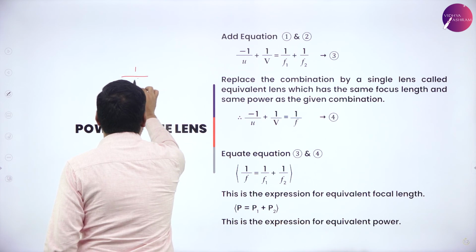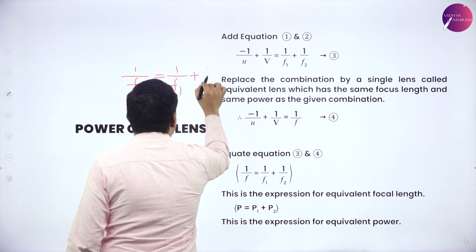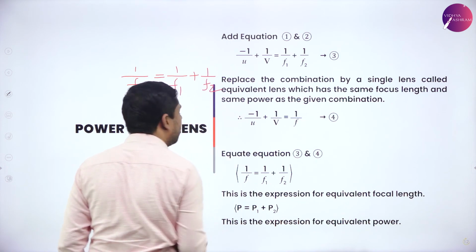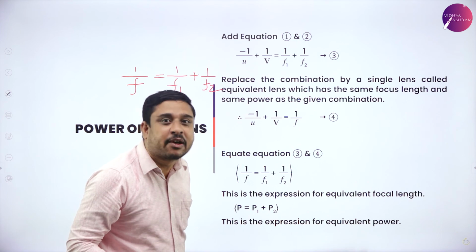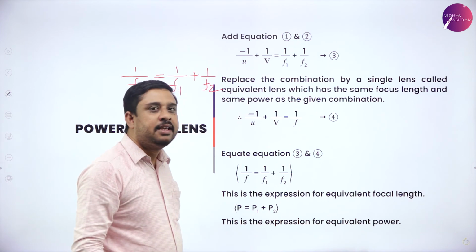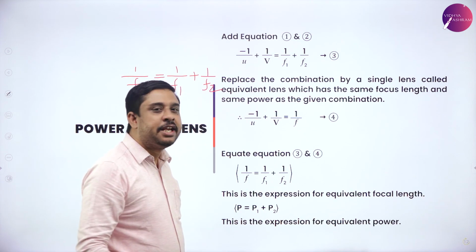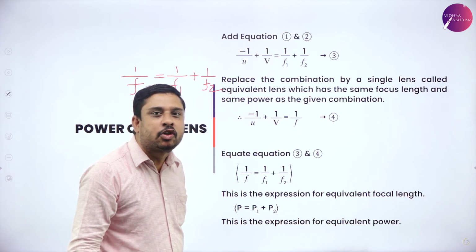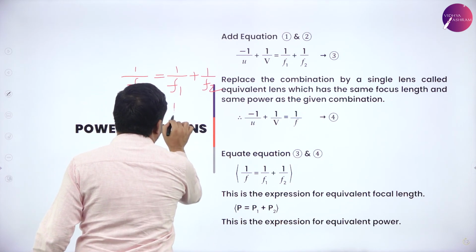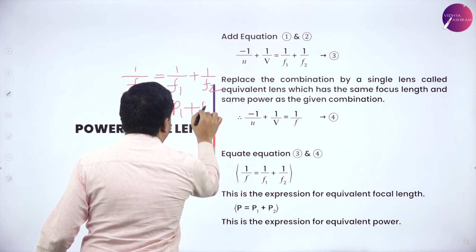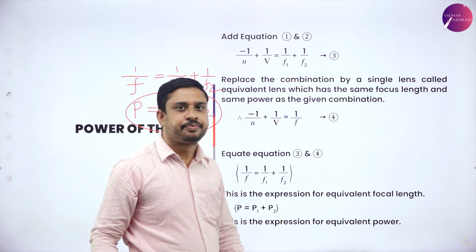So 1 by f is 1 by f1 plus 1 by f2. F, focal length of the equivalent lens. F1, focal length of the first lens. F2, focal length of the second lens. Or 1 by f is P. This can also be written as P1 plus P2.